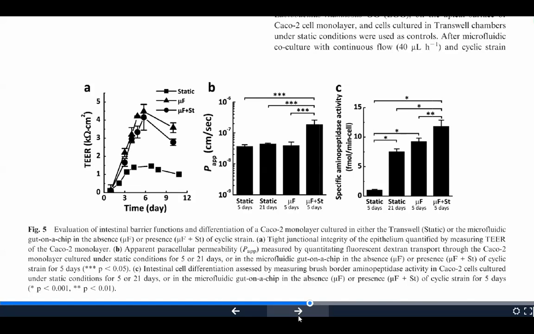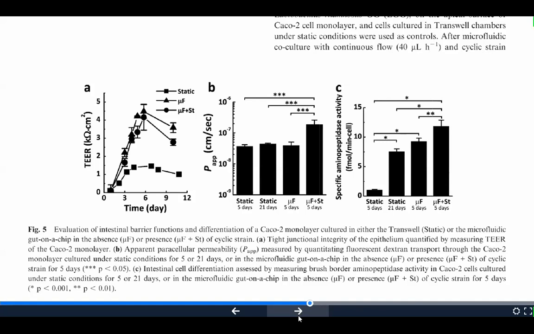So all of these three groups, the static one, the static two, and the simple microfluidic culture, are not in good agreement with the in vivo setting in terms of permeability.